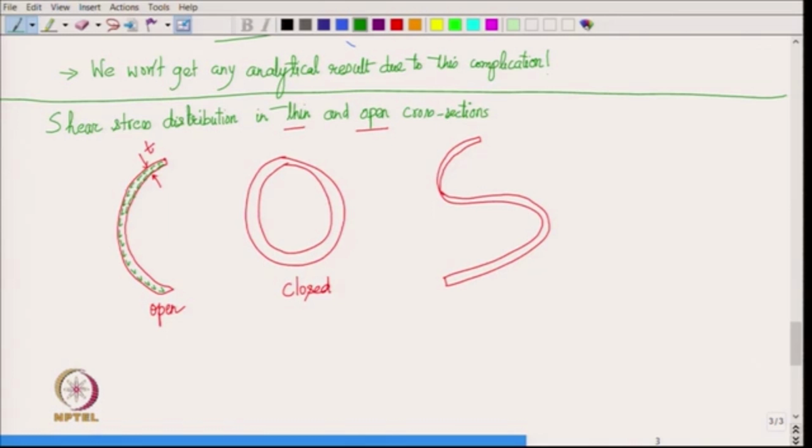But if the cross section is really thin, then there is no space within the boundaries, and then everywhere in the cross section shear stress just gets aligned along the boundary.